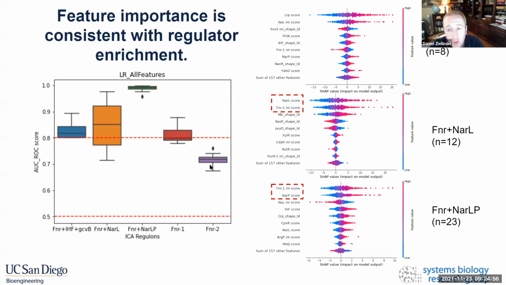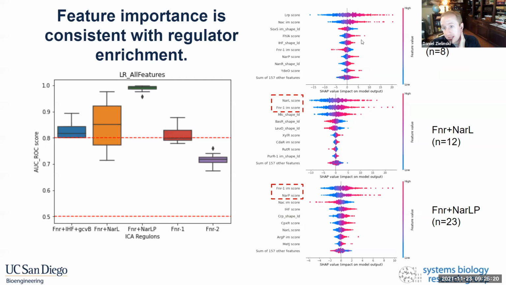And so what we tried to do was look at the variable importances for what made a gene show up in this iModulon as opposed to any other, and see if that explains why these iModulons are showing up the way they are. And this is what's shown on the right. These are Shapley plots for variable importances, which is this game theoretic metric.